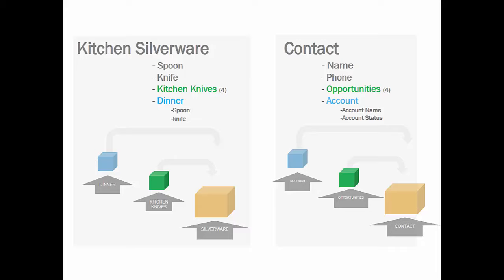A contact has a name, which I can relate, and a phone number, which I can relate back to knife. Then it has a related list of opportunities, which I'm relating back to my moving example, which are kitchen knives. A contact, in a sense, could have 4 opportunities, whereas in my kitchen example, I had 4 knives.